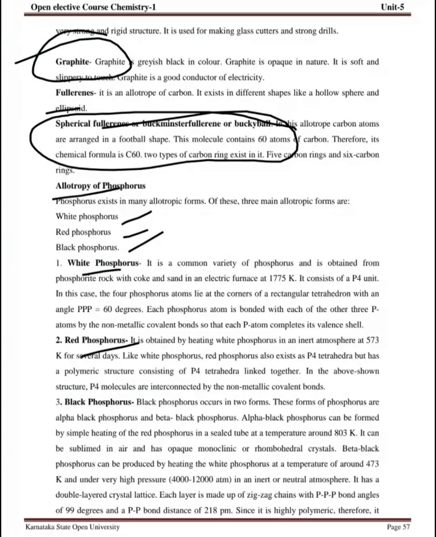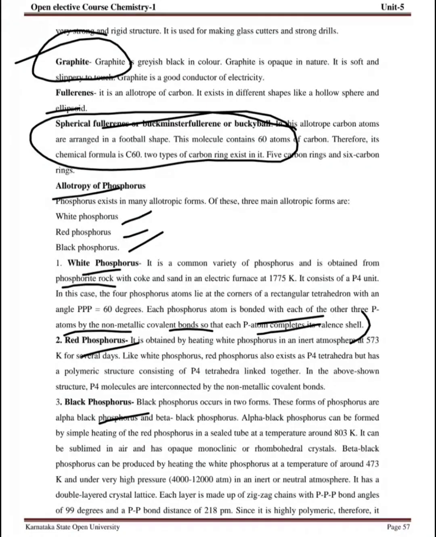You can see it can be obtained from phosphate rock. Here you can see each phosphorus atom is bonded with 3 P atoms by non-metallic covalent bonds, and this is an example where it has different physical properties but the same chemical property.